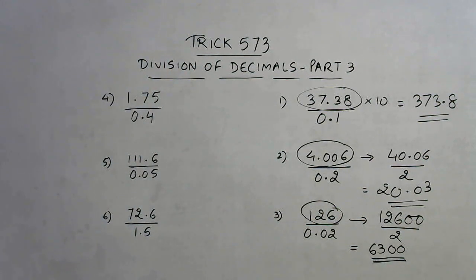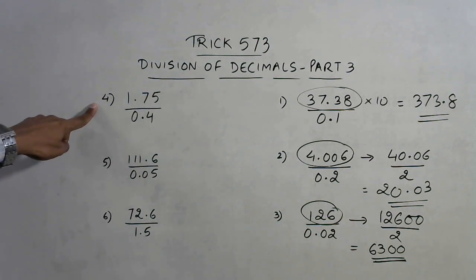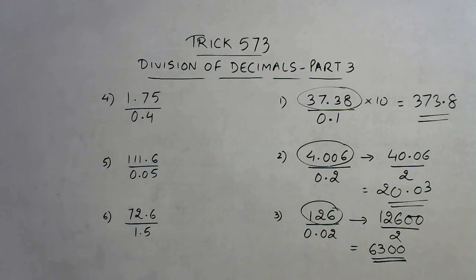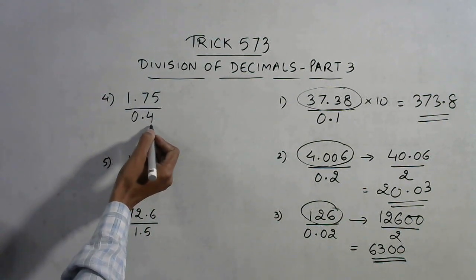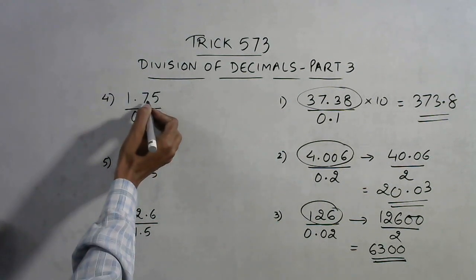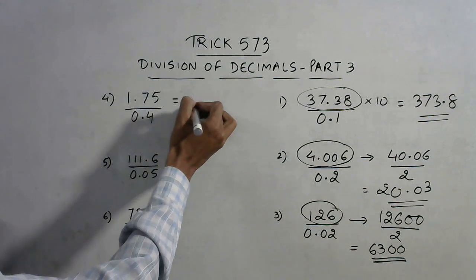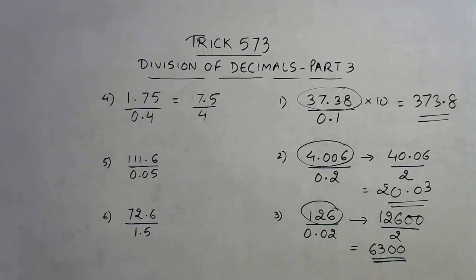Let's apply the trick to this fourth question, in which the denominator is now 0.4. Now what happens with 0.4? Again multiply this by 10, because we have one digit after the decimal here. So shift it one digit towards the right. This becomes 17.5, and now you have to divide by 4. Now how do you divide numbers by 4?